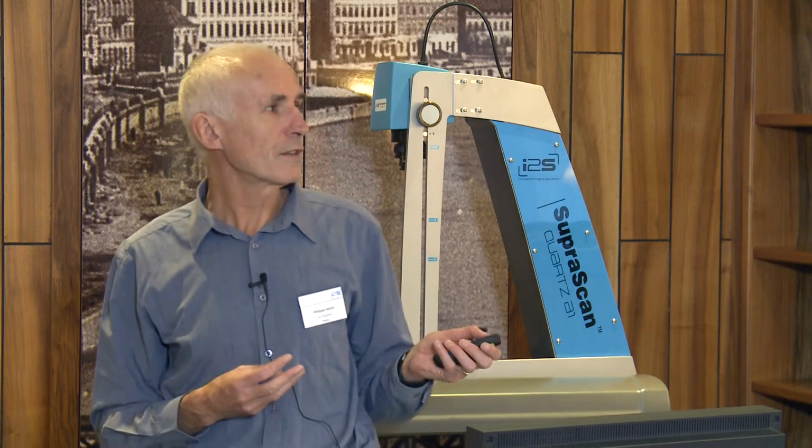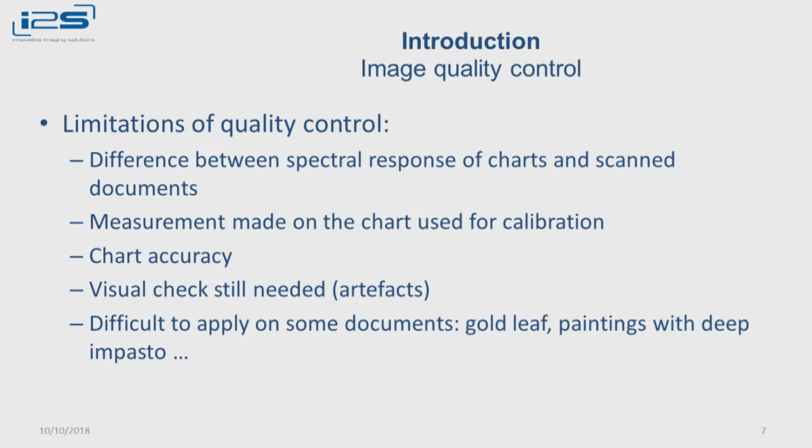But there are some limits on that. The main limit we will see is the spectral response of some documents regarding the chart. That will make some difference sometimes. We will also calibrate on the chart and use the same chart to check. So it's maybe not the best way to do, because we will not scan charts at the end, we'll scan documents, so it's different.